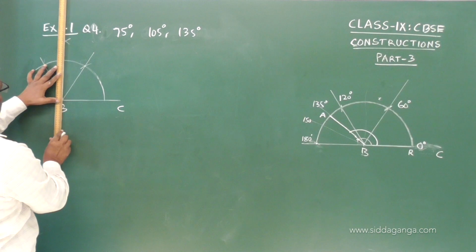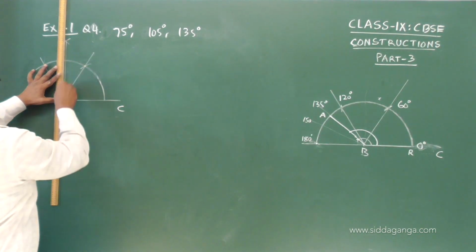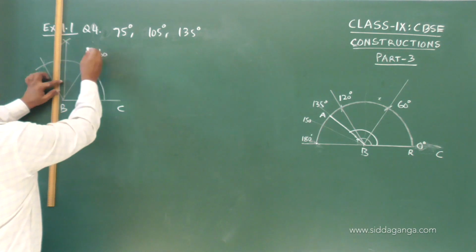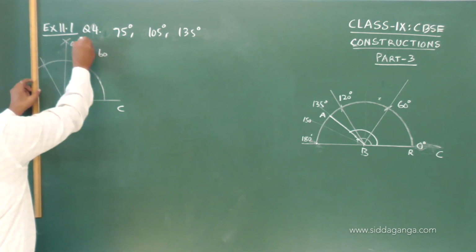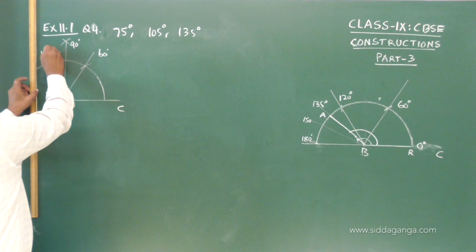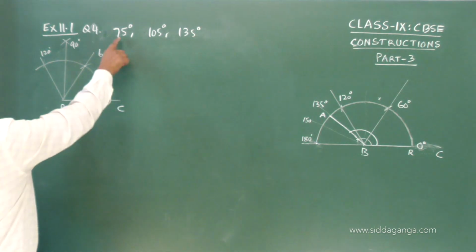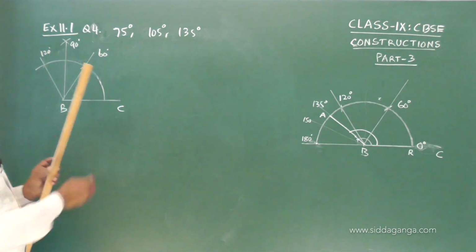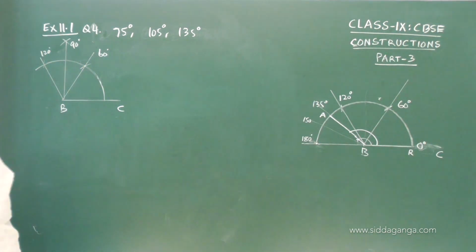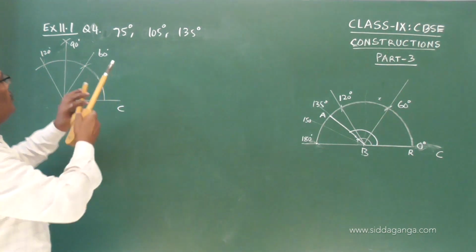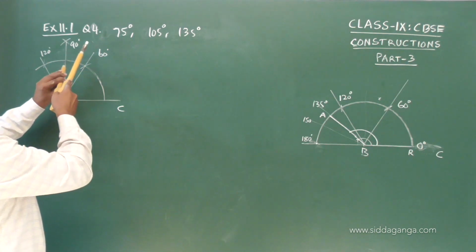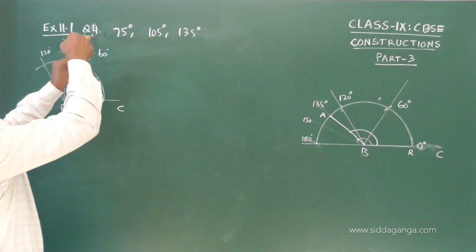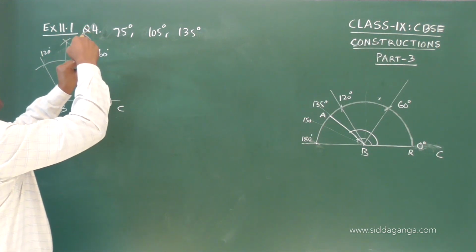Now you join this. So this is 60, this is 90, this is 120. What I need is 75, means I have to divide these two. You can use these points also, there is no problem. From this point you draw an arc, from this point you draw an arc with the same radius.